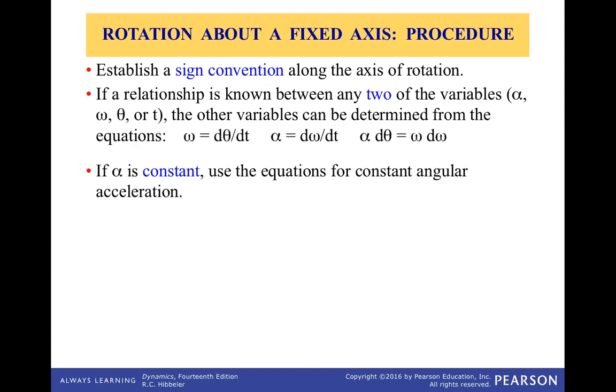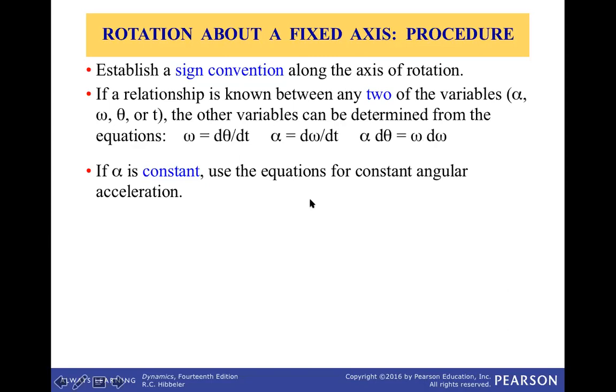If the relationship is known between any two of the variables, then the other variables can be determined from these three differential equations. From the definitions, omega equals d theta over dt, alpha equals d omega over dt, and also alpha times d theta equals omega d omega.